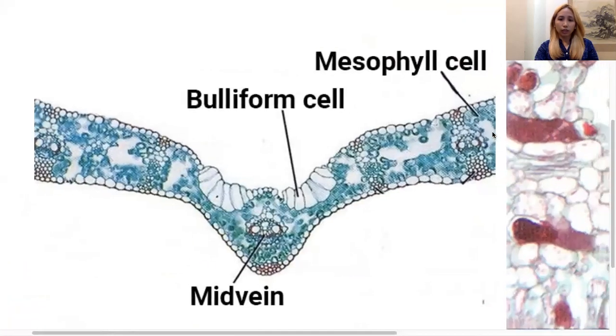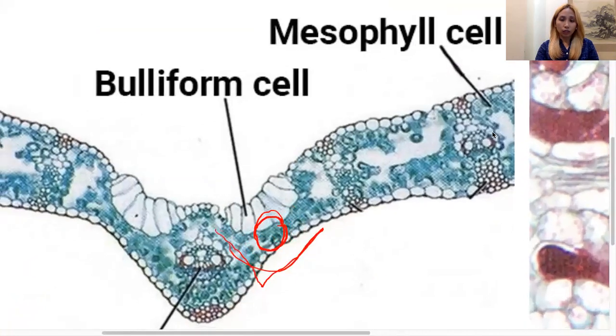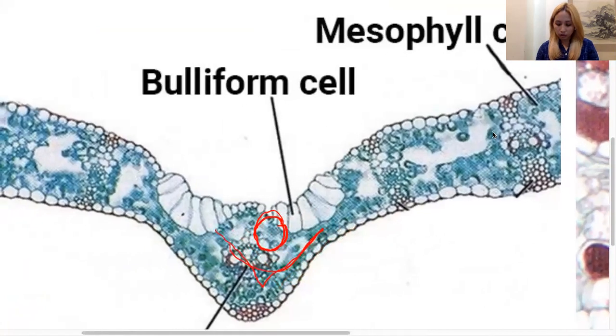Now, here you will see an example of a cross section of the leaf. You find here the midvein, which means this is the midrib. This is the thickest vein in the middle when you touch the leaf underneath. That is where its vascular tissue is. And then you will notice the polygonal epidermal cells, which are basically everywhere.